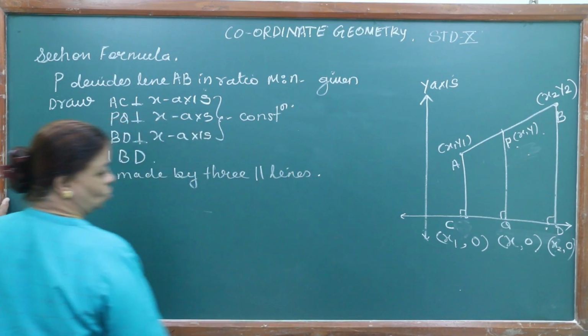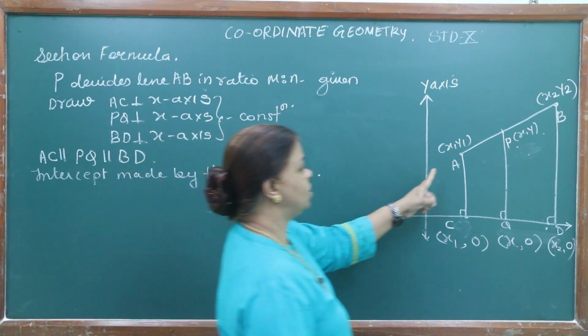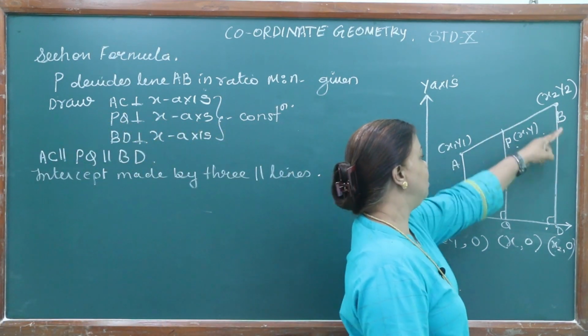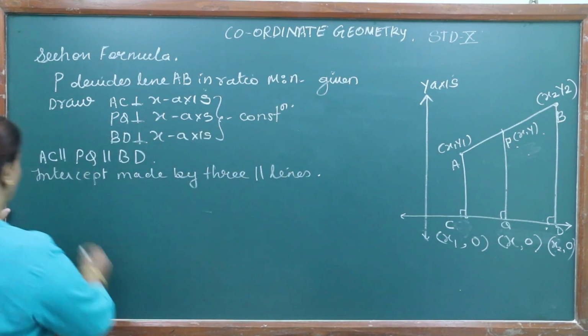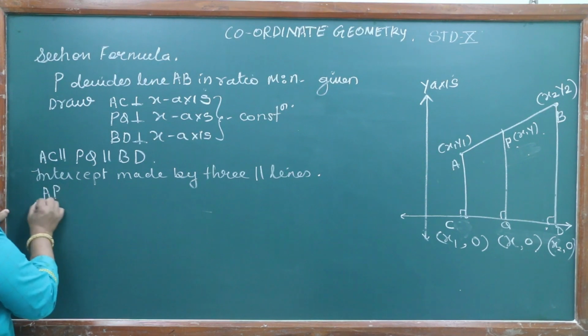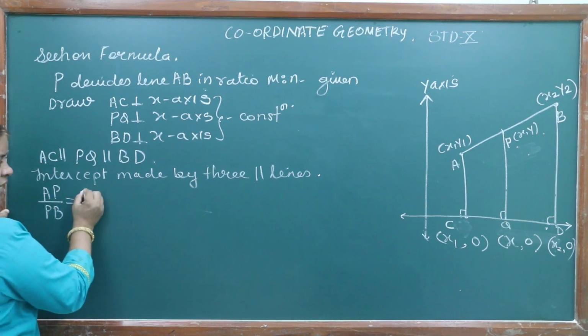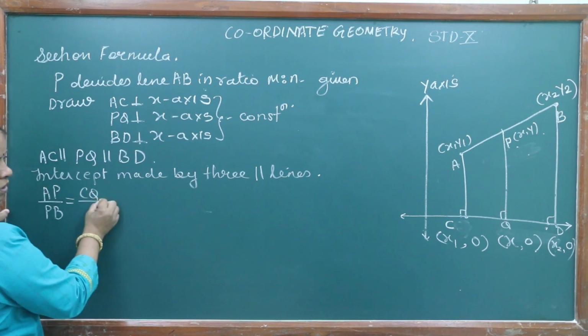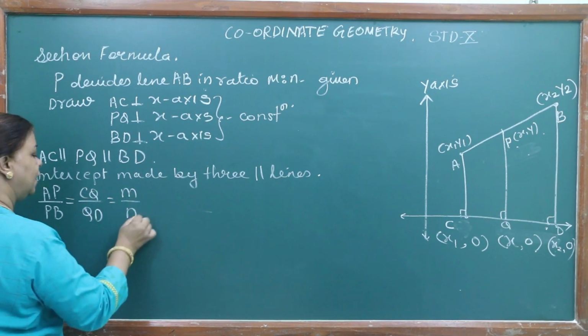We know P is the point which divides the line AB in the ratio m:n. So we can write AP upon PB is equal to CQ upon QD is equal to m upon n.